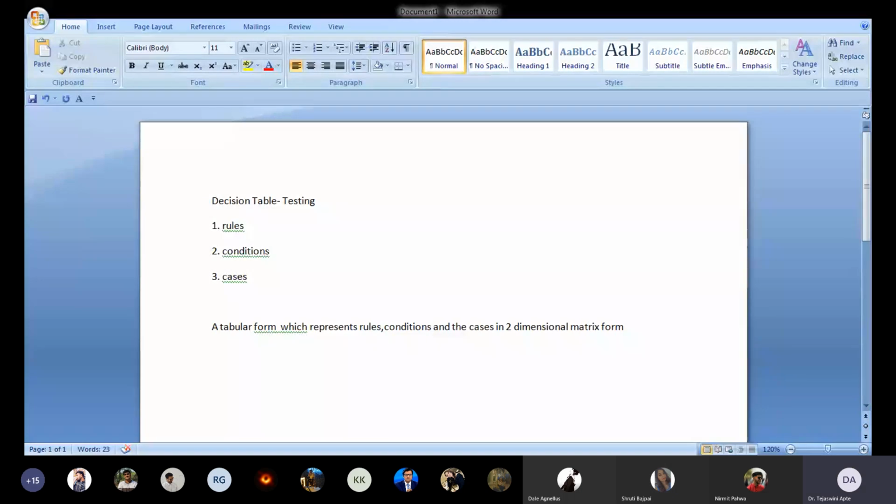Boundary value analysis and equivalence class partitioning work with partitions of the data. They can work with any kind of data, but once you define the partitions, they are static, and I am going to work with those static partitions only.